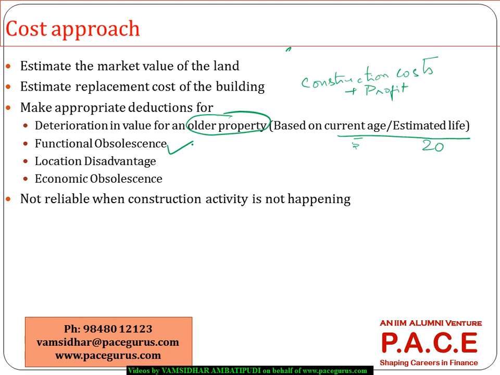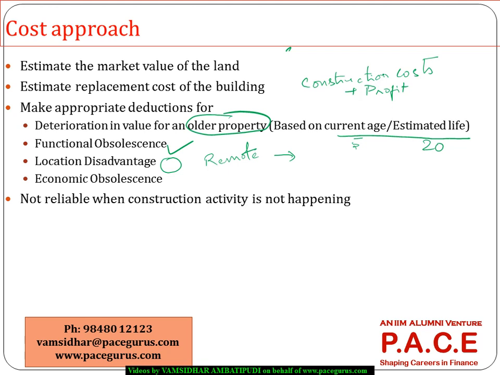I can look at locational disadvantage or locational obsolescence, wherein the location now is a remote location. It's not an accessible location, or it is now surrounded by some non-habitable entities, some kind of sewage nearby or some kind of disturbances nearby, which can make that particular location a disadvantageous or undesirable location to the buyers.